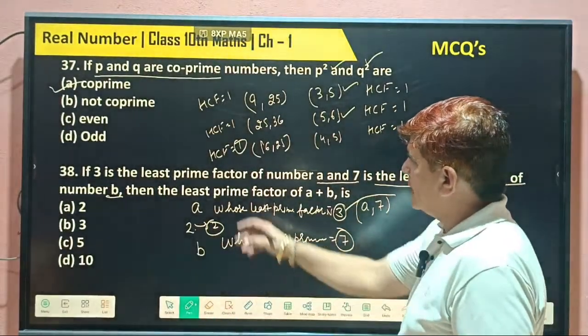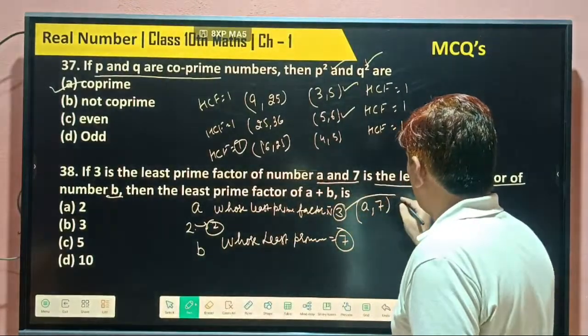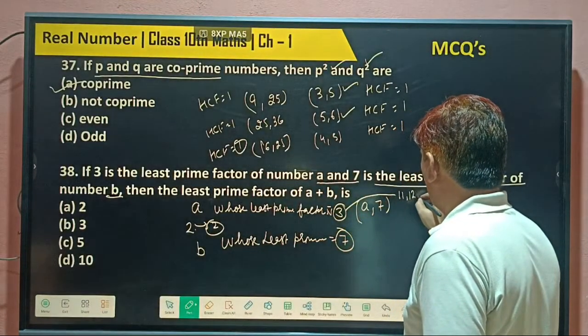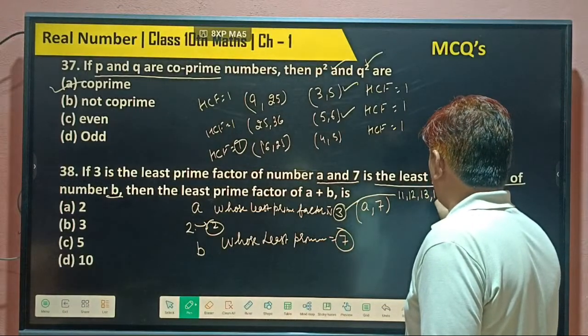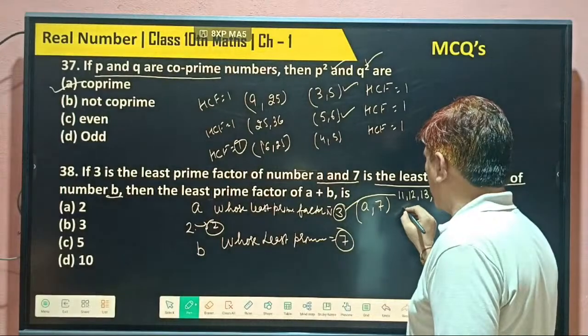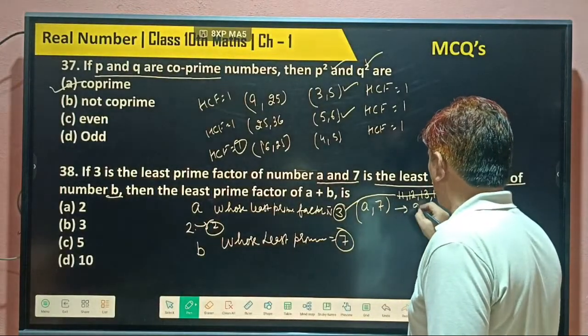So the least prime factor of a number. 11 not, 12 has 2, 13, 3 is not, 14 not. So 9 we can take. After 3 what's coming? 9.